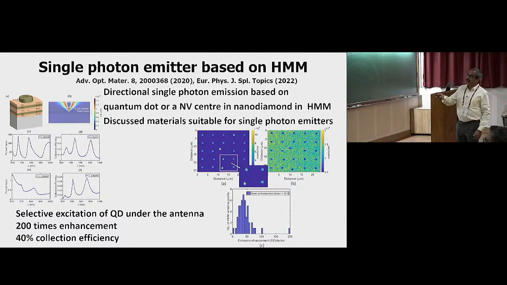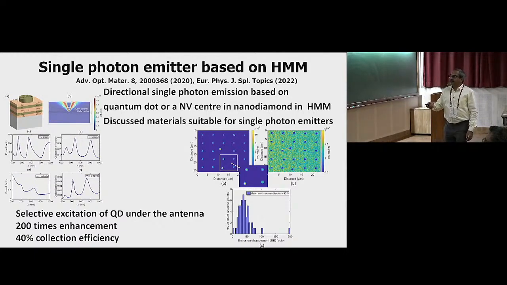The idea here is to get directional emission. We can design the structure to emit at any angle we want, and how much collection efficiency we need can also be pre-designed depending on the objective we use. We showed selective excitation of the quantum dot under the antenna, 200 times enhancement of emission, as well as 40% collection efficiency of photons coming out of this.